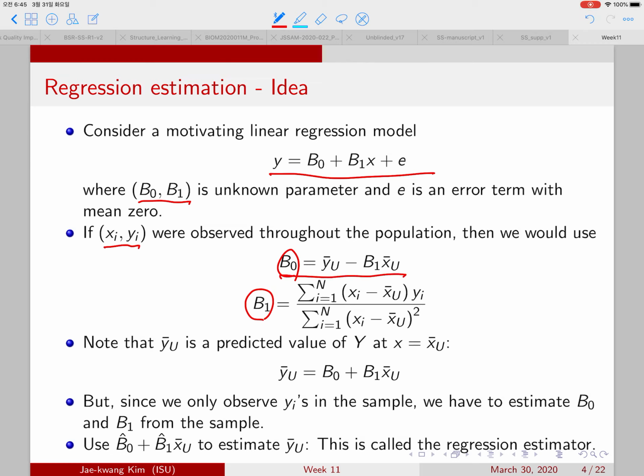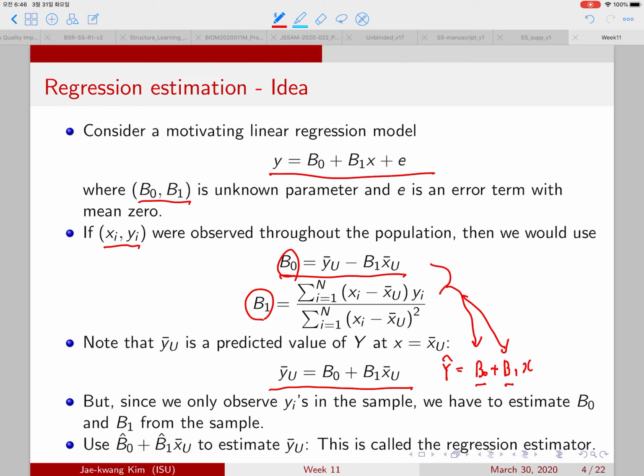If you look at this carefully, you can rewrite it as something like this. So this is your regression model.